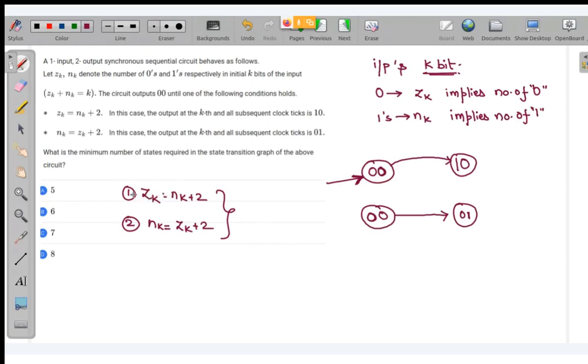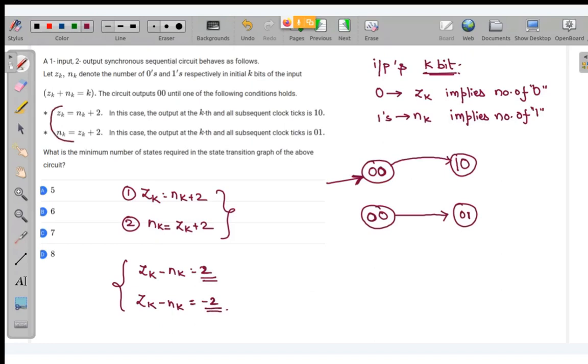Those possible cases you can get from these two equations. zk minus nk is equal to 2, and the other is zk minus nk is equal to minus 2. So zk minus nk can vary from plus 2 to minus 2.